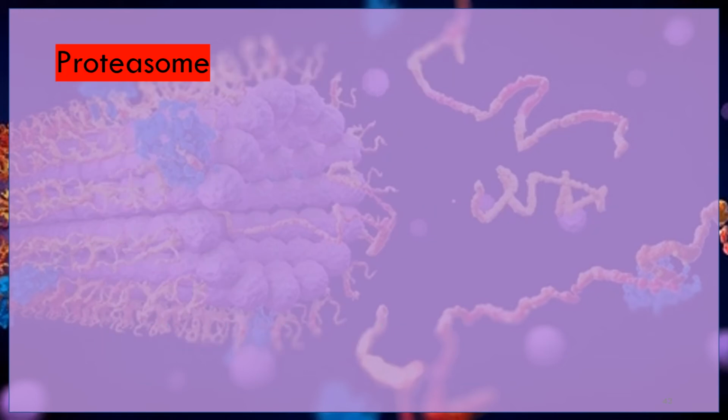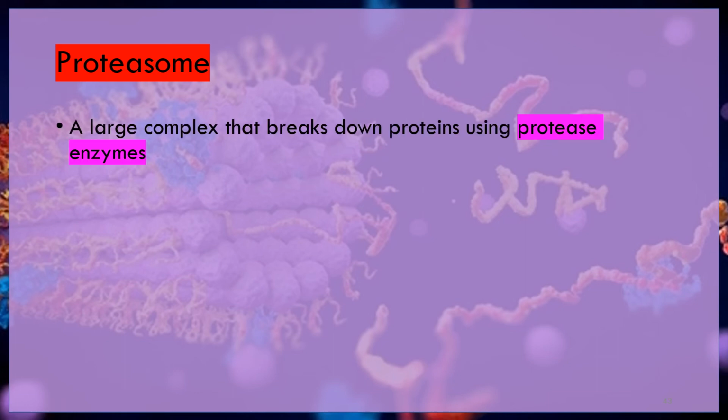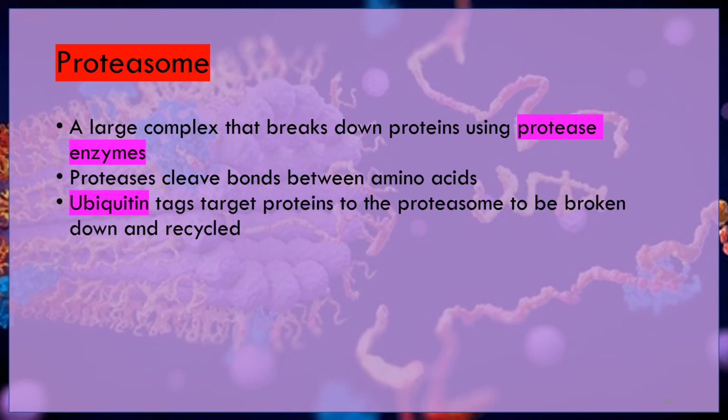What we call a proteasome is a large complex that breaks down proteins using protease enzymes. These protease enzymes cleave bonds between the amino acids. We have one called ubiquitin, which tags target proteins to the proteasome to be broken down and recycled.